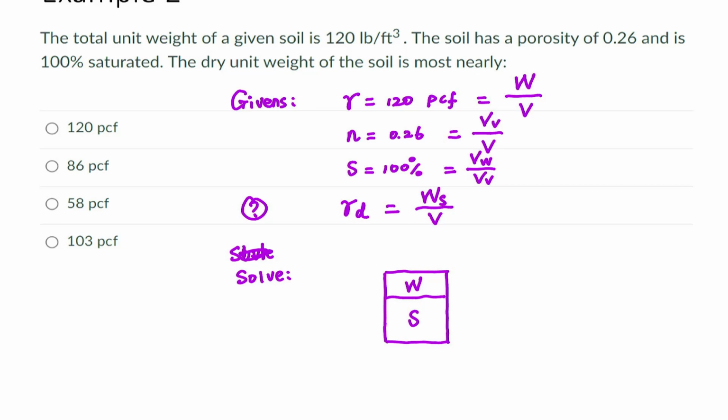So basically, we're talking about two phases. Based on all those givens, it's a good idea to assume that your total volume is 1 cubic foot. Remember, this is only an assumption.